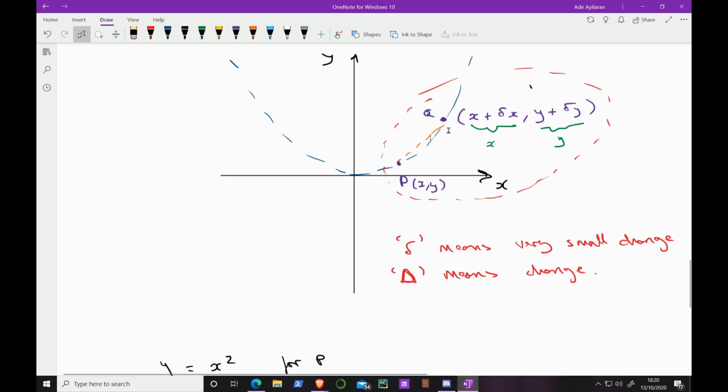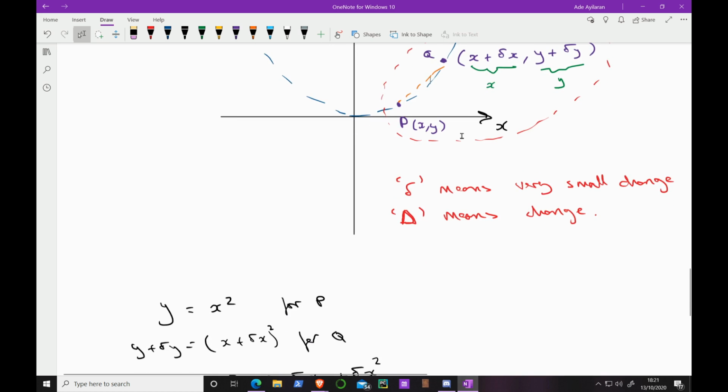The gradient is change in Y over change in X. The change in Y is going to be Y plus delta Y minus Y, I think. In fact, we don't even need to. Do we need to do all that?